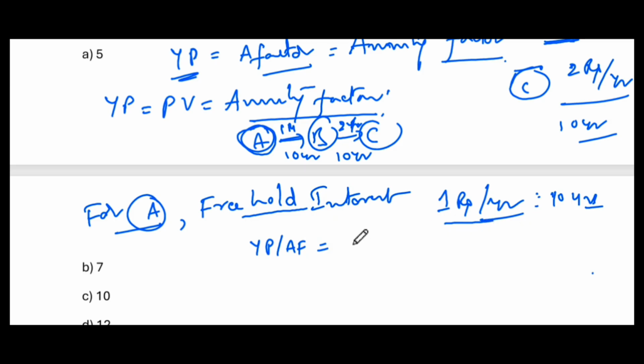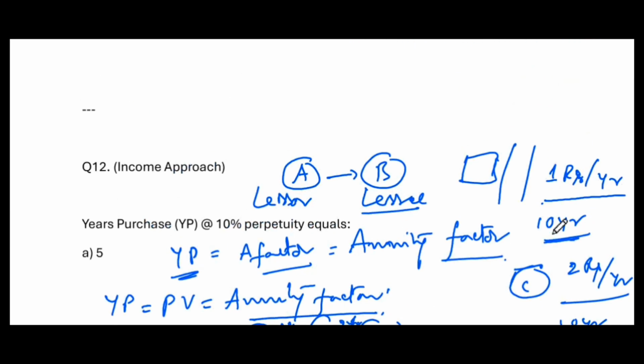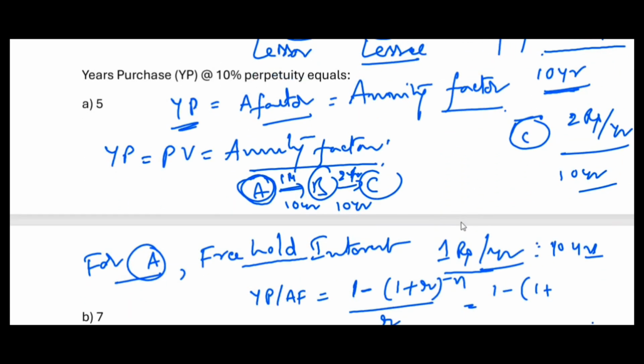So how much will it be? There is a formula for it: 1 minus (1 plus r) to the power minus n, all over r. So 1 minus (1 plus how much interest?) Say it is perpetuity he has given, but we have considered a span.